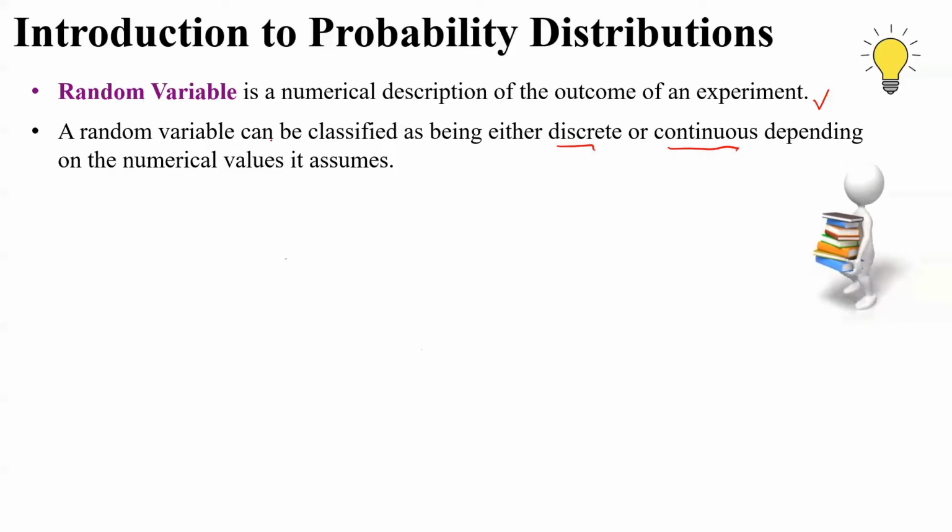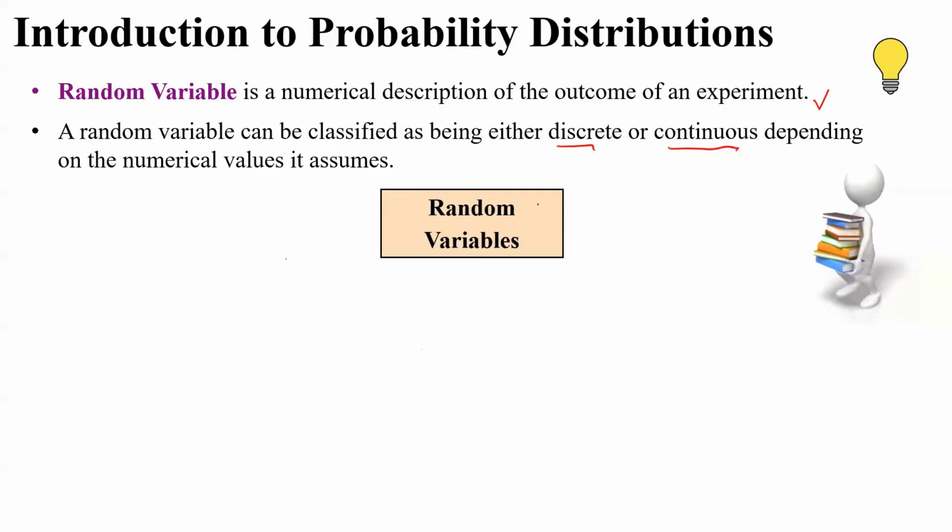For example, a discrete type of variable is something which has an exact value and can be counted exactly. However, the continuous could be in the form of a range or in the form of decimal numbers. We'll look into some examples in a while, in order to clearly identify what discrete and continuous mean.